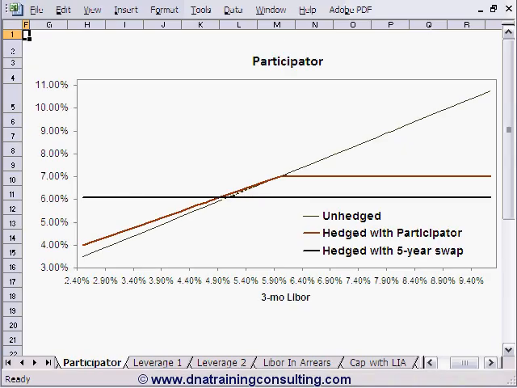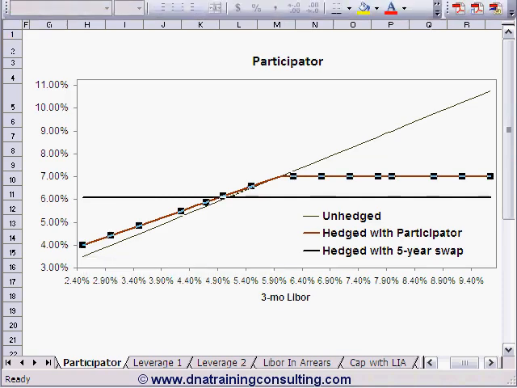The graph appearing here in brown shows the final outcome under this strategy and contrasts it to the original unhedged position represented by the diagonal and to a hedge involving a regular 5-year IRS.